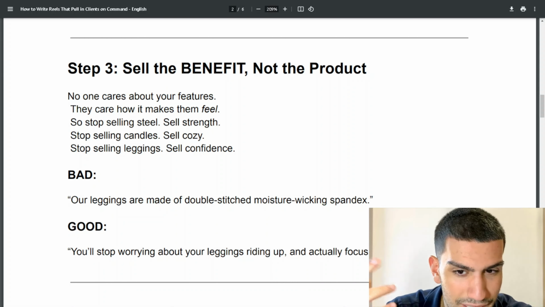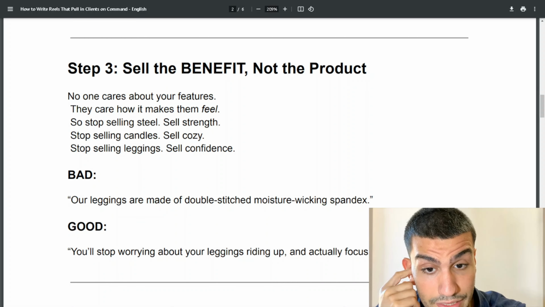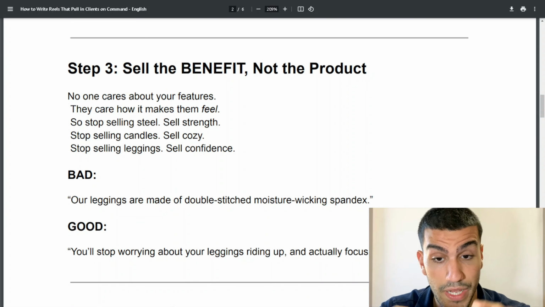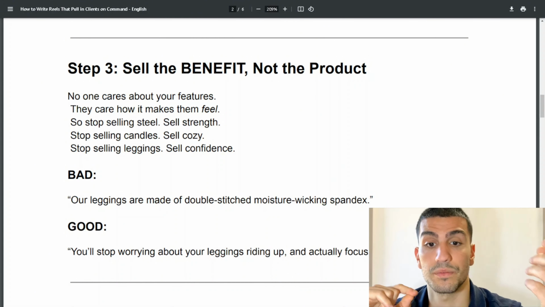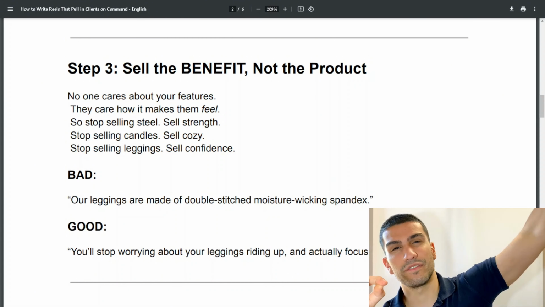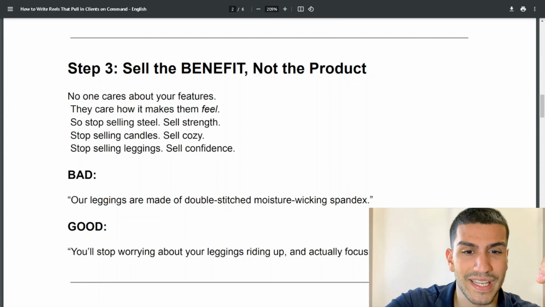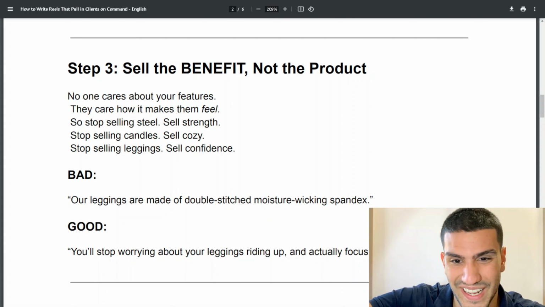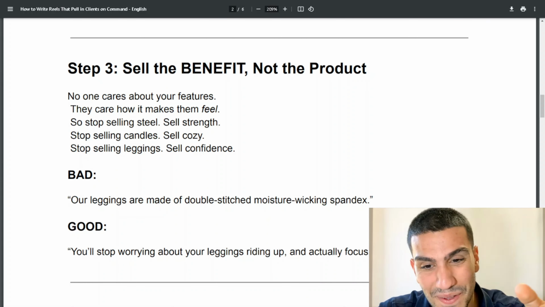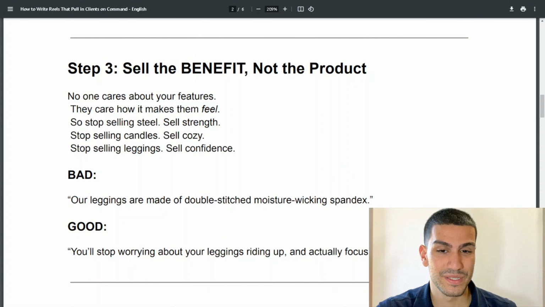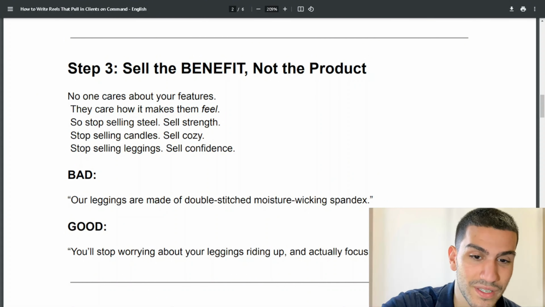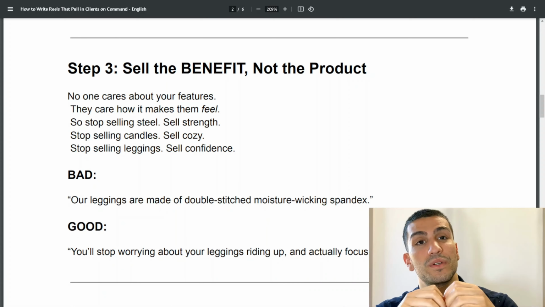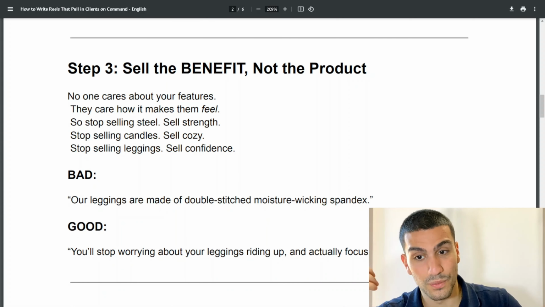Or stop selling leggings, but sell the confidence. A bad example of selling leggings would be something like, our leggings are made of double-stitched, moisture-wicking spandex. Or whatever. I don't know what it is, but yeah. A good example would be something like, you'll stop worrying about your leggings riding up and actually focus on your workout. So, stop listing, start making people feel.